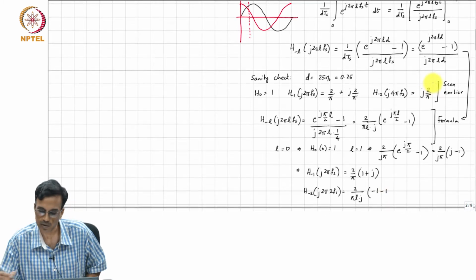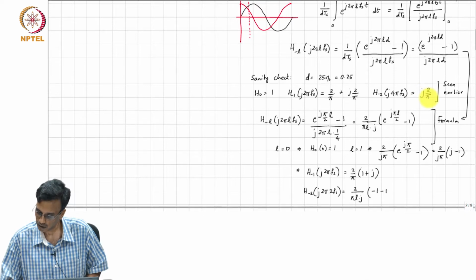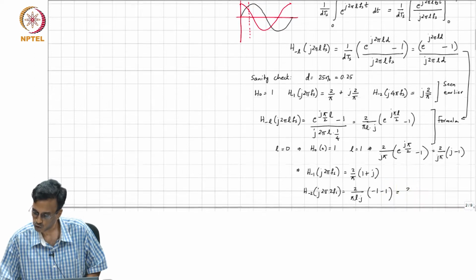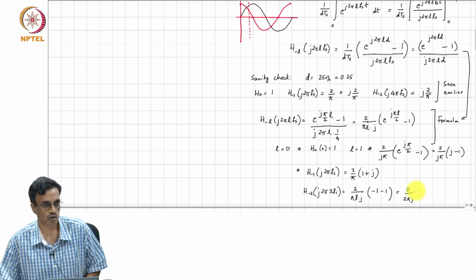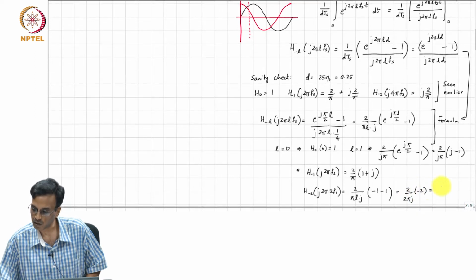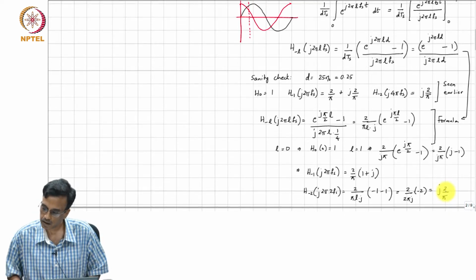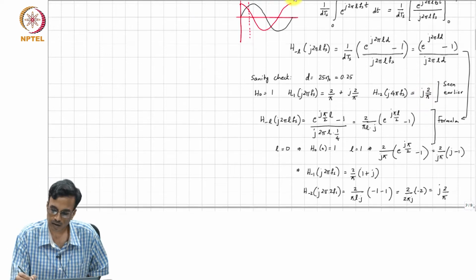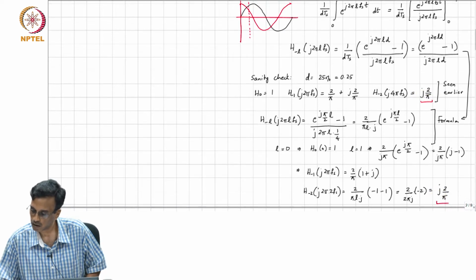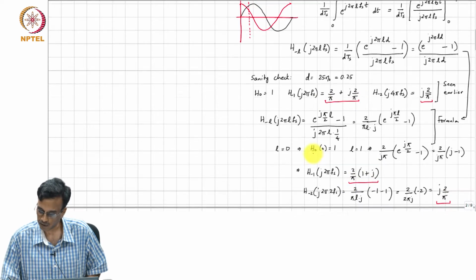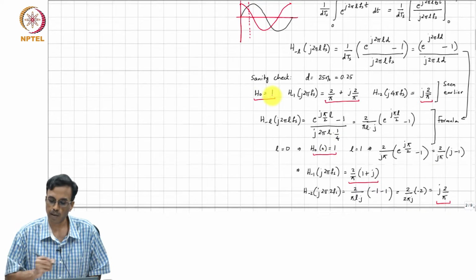Oh, sorry, yeah, this we are fine. So, this basically is 2 by 2 pi j times minus 2, minus 2 is nothing but minus 2 j square, 2 goes away. So, times minus 2, which is nothing but j 2 by pi. All right, so this is consistent, these two are consistent. Similarly, these two are consistent, and of course, these two are consistent.